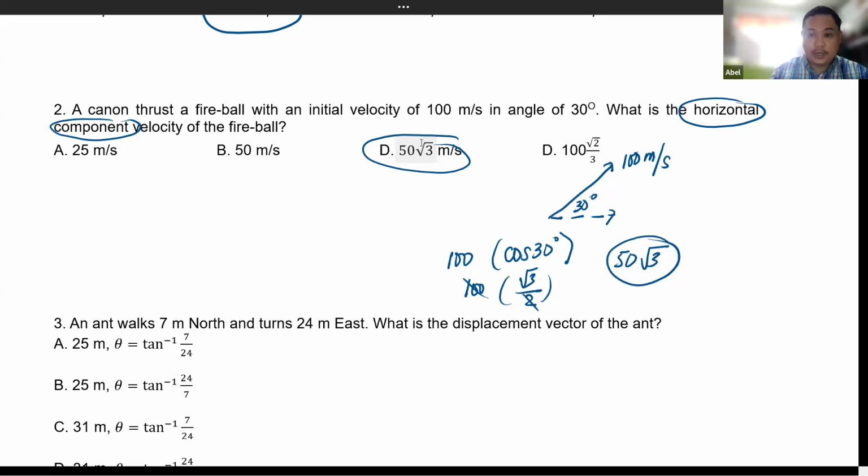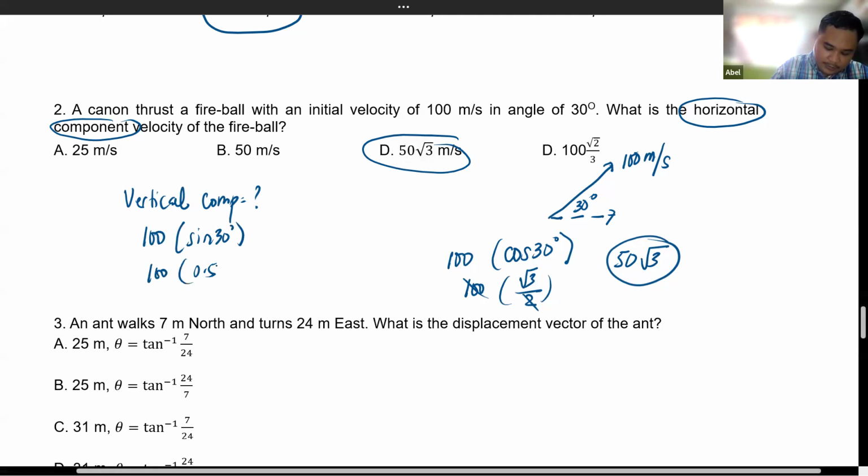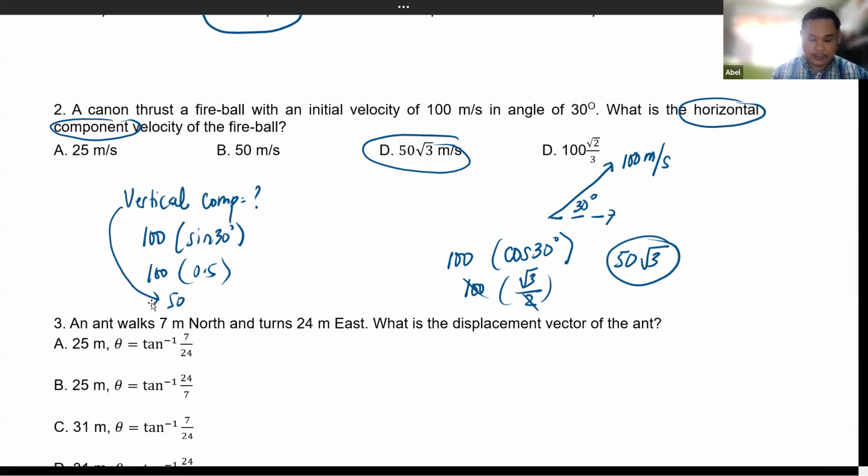Now, how about if we are asked for the vertical component? The vertical component is 100 multiplied to sine 30. And sine 30 is 0.5 multiplied to 100, and 1/2 of 100 is 50. So this is the vertical component.